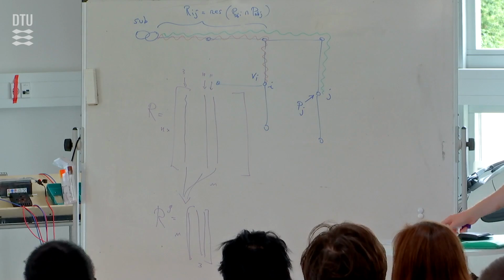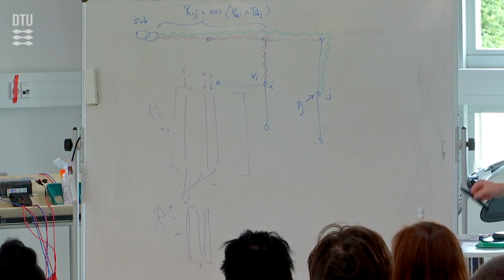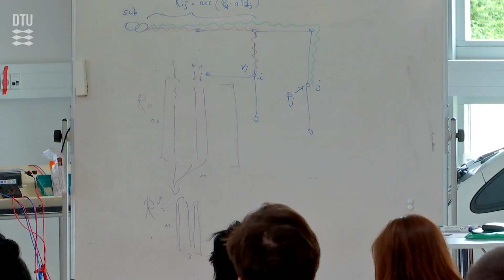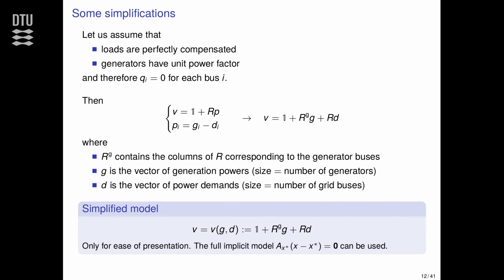So RG is exactly the same. There's no more information in RG than in R. It's just columns of R. Okay? Yeah?